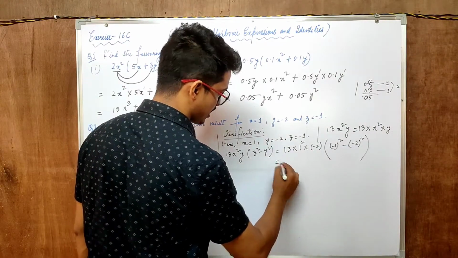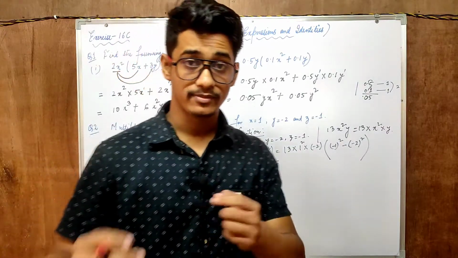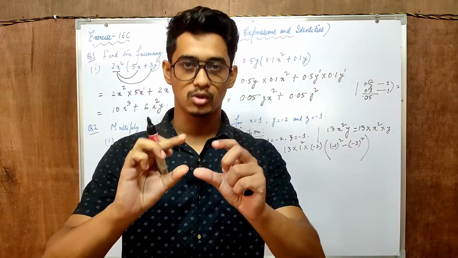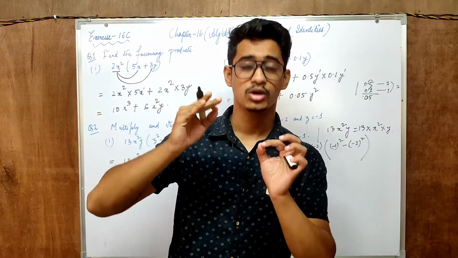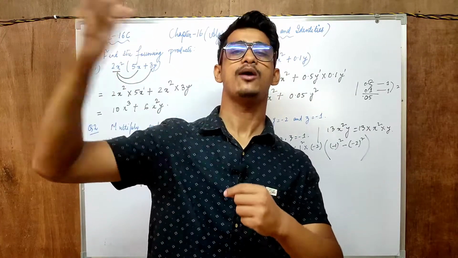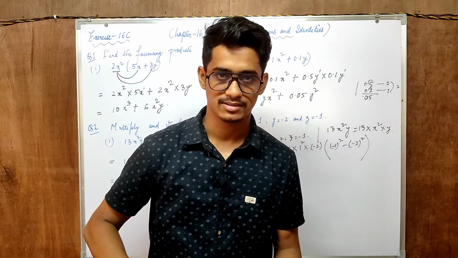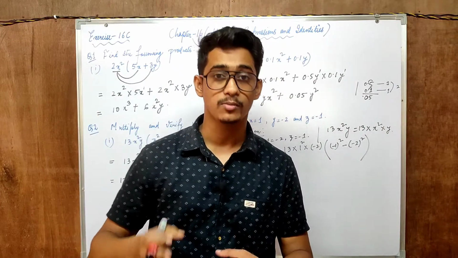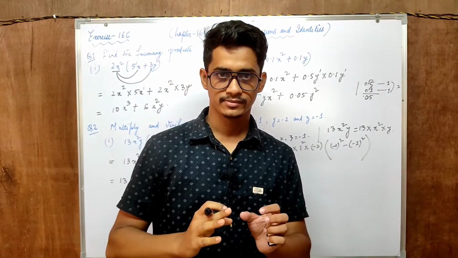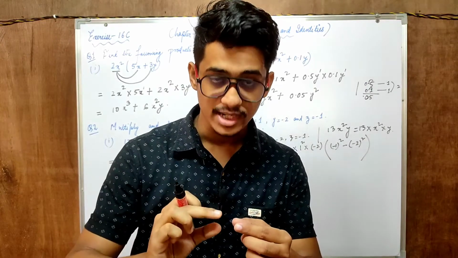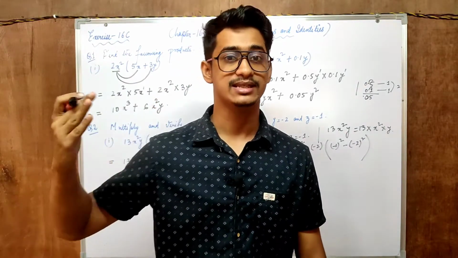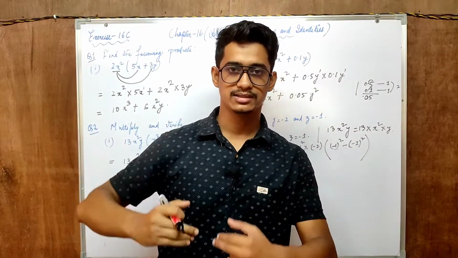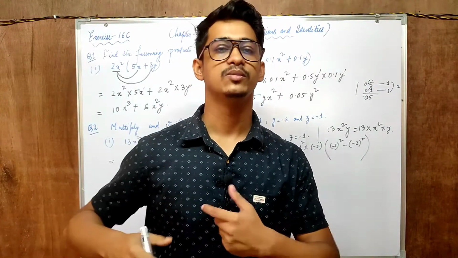So 1 square means what? I know that when 1 is there, with any power it will stay as it is. But when we are talking about -1, when -1 to the power of something is there, if the power is even, then in the result positive will come. That means it will become plus.